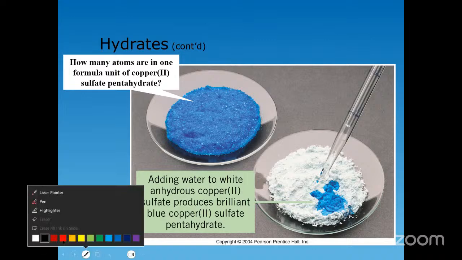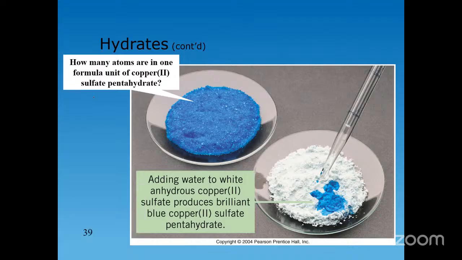So in the case of copper(II) sulfate, if you want to get rid of the water, all you have to do is heat it, and you're going to end up with CuSO4 plus 5H2O. So you heat this to 100 degrees Celsius, and that's how you drive the water off, right?